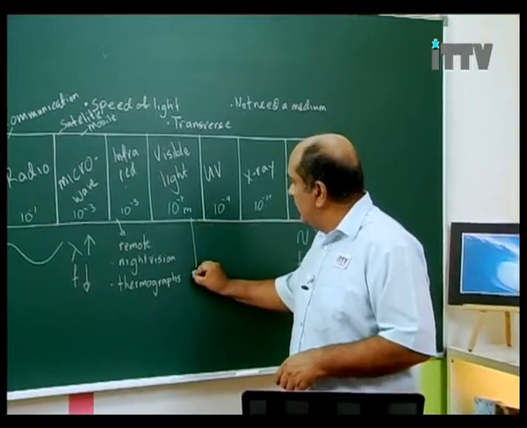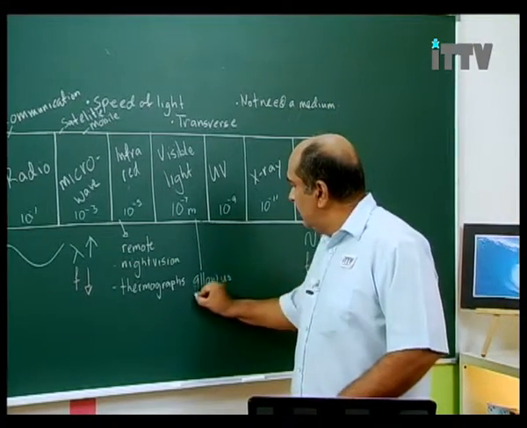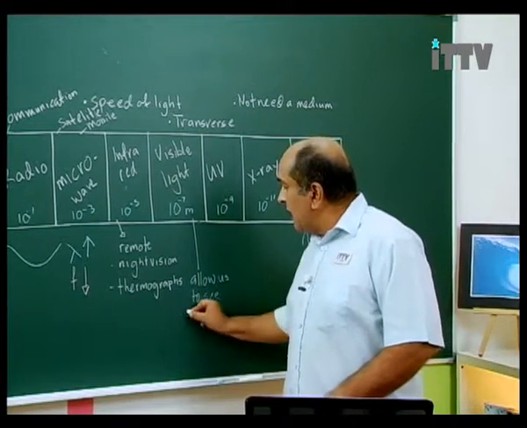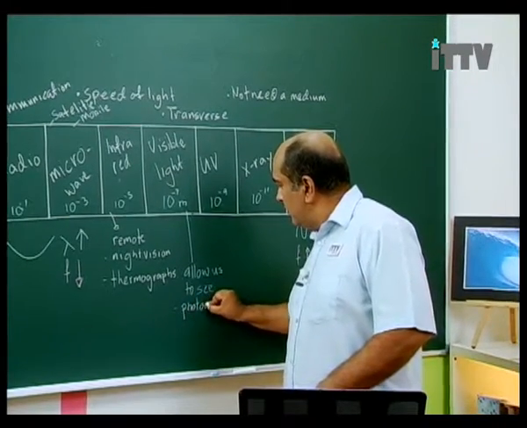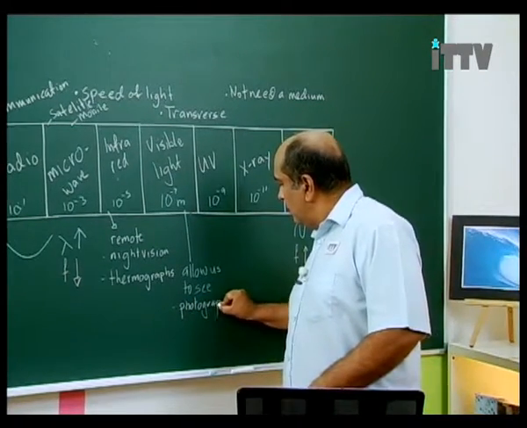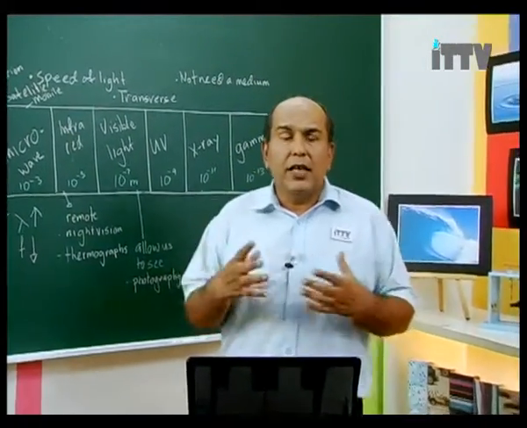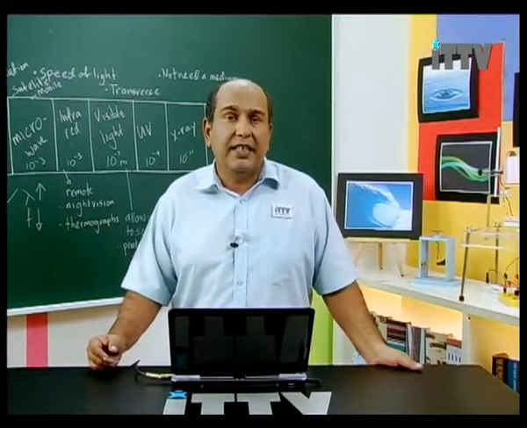This allows us to see. A secondary function is photography, which uses the light to create images, real images on film, which we can then basically use.